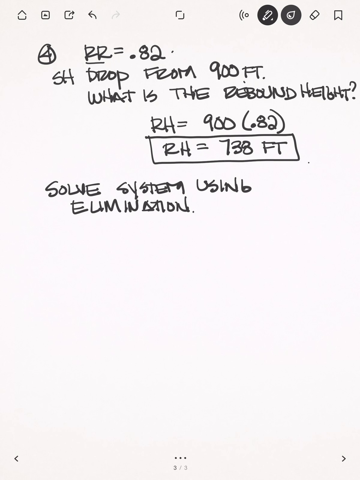So let's solve this system using elimination. Number 5. Suppose you have 5x plus 6y is equal to negative 11, and you have 3x plus y is equal to negative 4. We want to solve this system using elimination.